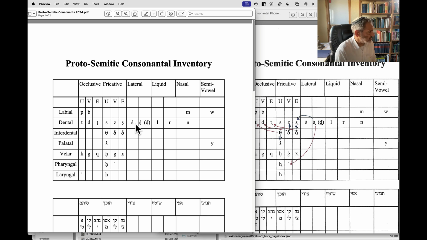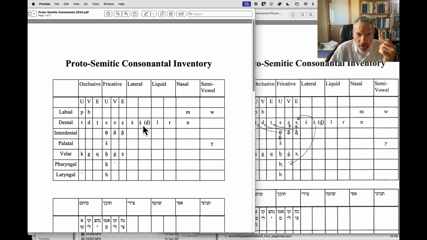I refer you to the excellent monograph, the case for fricative laterals in Proto-Semitic by Richard Steiner. I refer you to this excellent monograph for evidence for isolation of these two laterals.